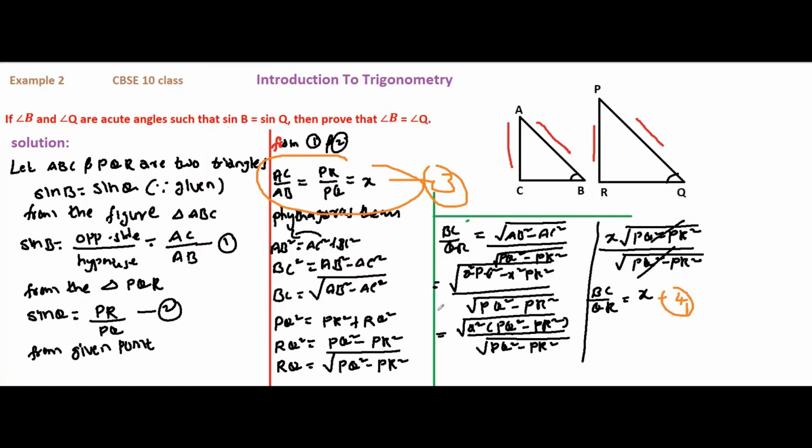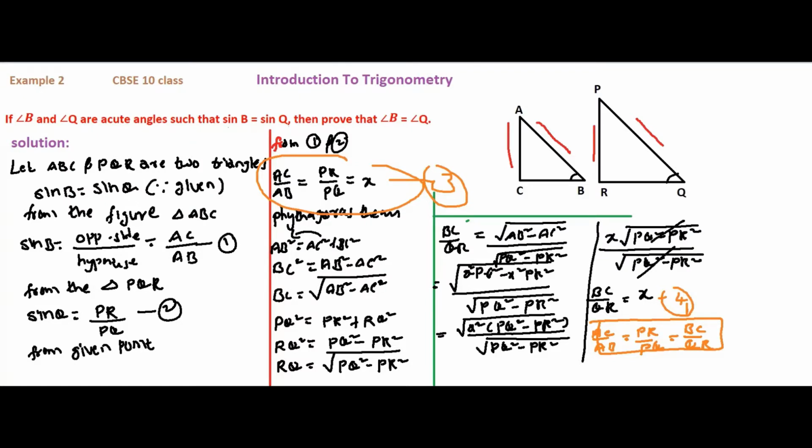So AC by AB equals PR by PQ equals, from equation 4, BC by QR. So here all the ratios are equal, and we have a theorem in chapter 6.